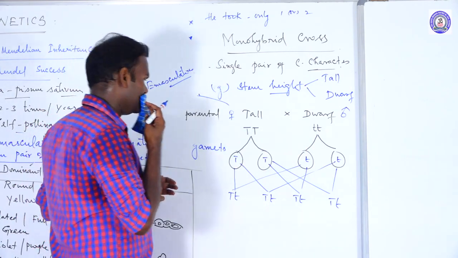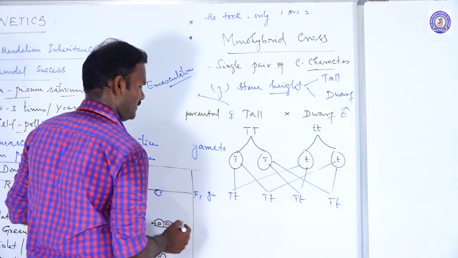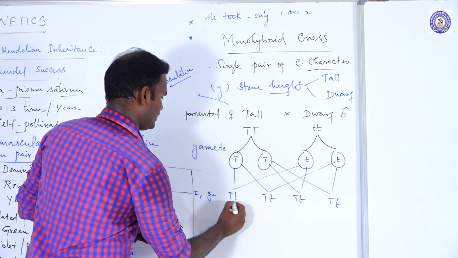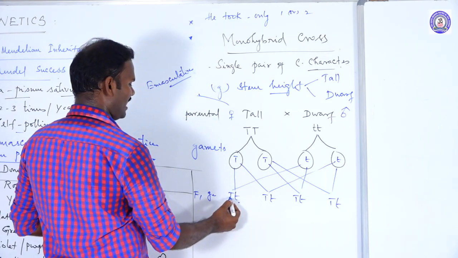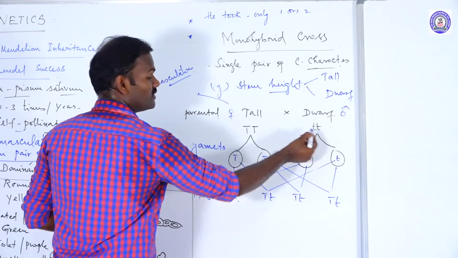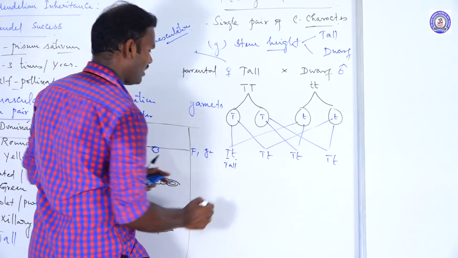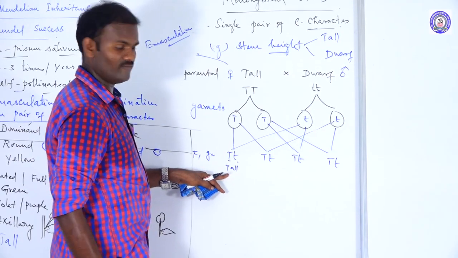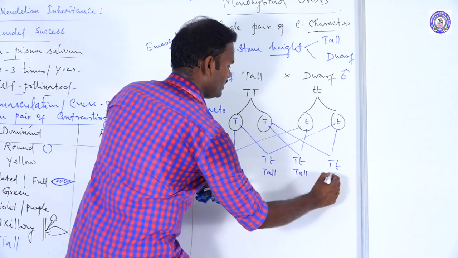All the F1 hybrids are called the first filial generation. Here it is capital T, small t. The dominant character is dominant over the recessive character, so it expresses only the tall plant. Morphologically, only tall plants appear. This one is also tall, this one is also tall, and this one is also tall.